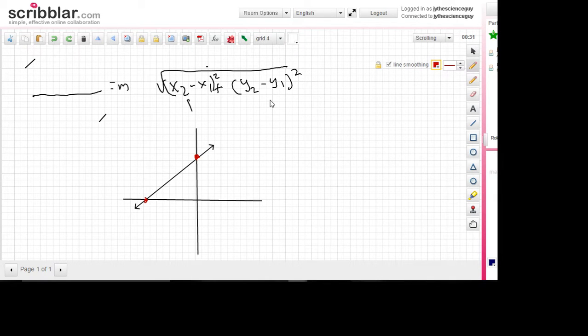So it'd be square root of 1. I got the square root of 1. Okay. What are the coordinates for that point up there?